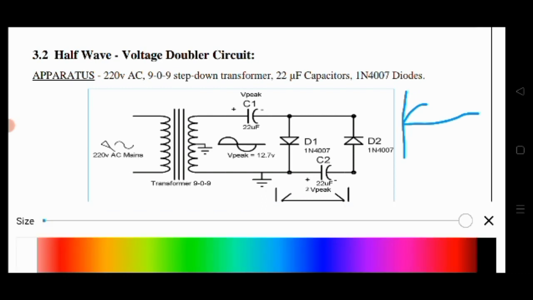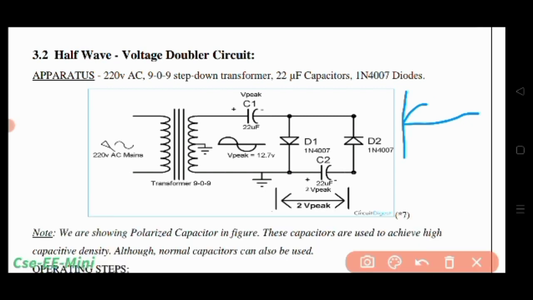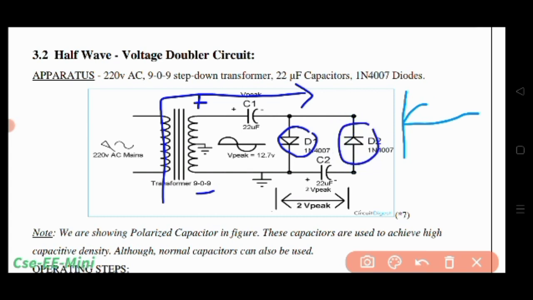During this first positive half cycle, the transformer polarity is like that. Here it is plus and here it is minus. All of us know that current will flow from this direction. Now this diode will be forward biased, and this one will be reverse biased according to the PN junction properties. So the current will flow from this direction to this.